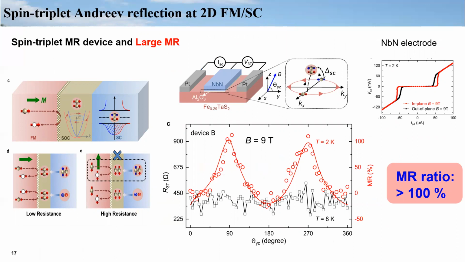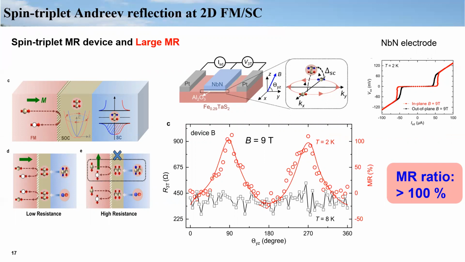Because the Rashba coupling is a broken symmetry perpendicular to the interface and parallel to the interface, if we inject the spin-polarized current perpendicular or parallel to the interface, the spin triplet Andreev reflection efficiency will be anisotropic, because the Rashba spin-momentum locking is in the space parallel to the interface.